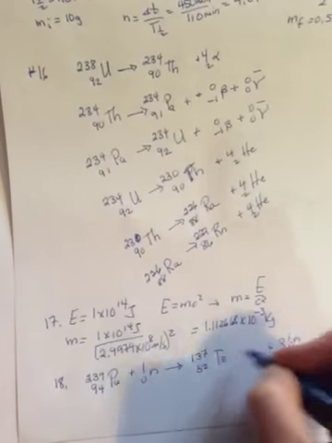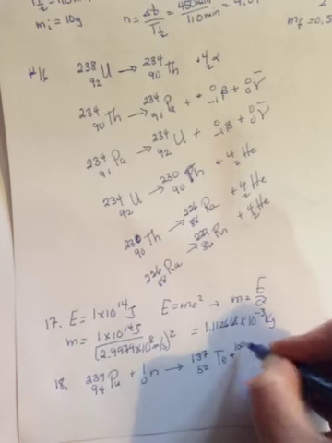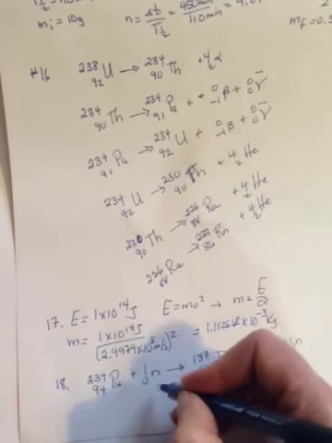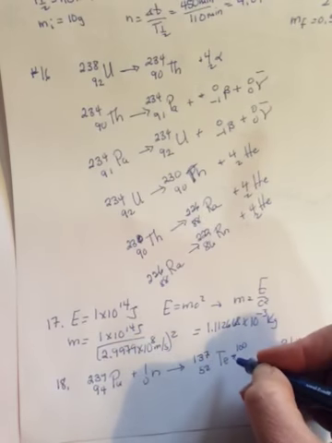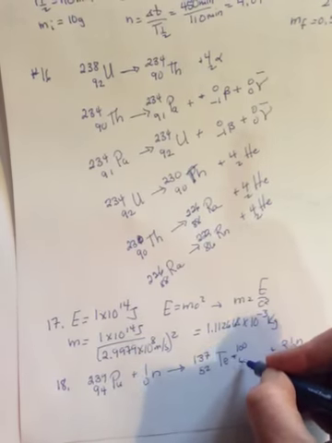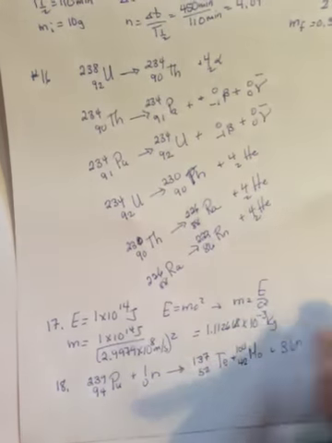So on the top would be 140 on this side, and it has to be 240. So this has to be 100. On the bottom it's 52, and over here the bottom is 94. So this has to be 42. And when you look that up in the periodic table, it's molybdenum.